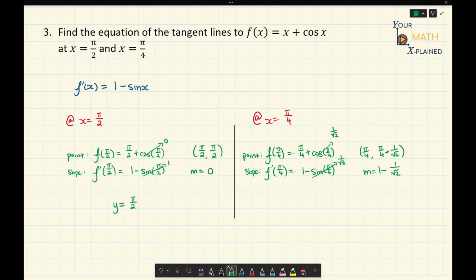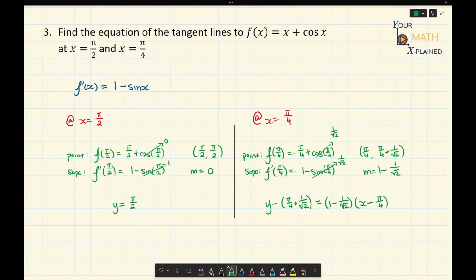And now we're ready to write down the equation of the tangent line using the point-slope form. So that's going to be y minus the y-coordinate of the point, which is pi over 4 plus 1 over root 2. And this is equal to the slope, which is 1 minus 1 over root 2, multiplied by x minus the x-coordinate of the point, which is pi over 4.